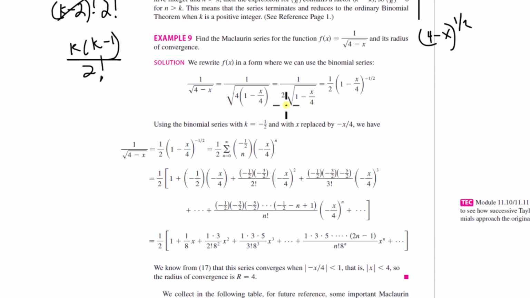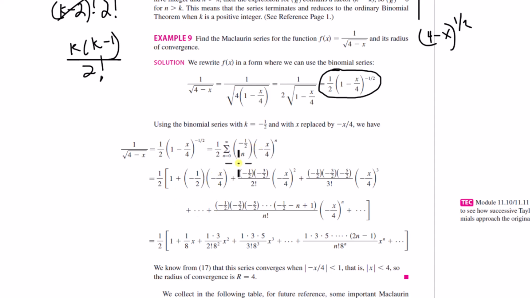We worked a bunch of examples like this, and you can eventually get to this form. So you can use the binomial series with k equal to -1/2 and replacing the x by minus x over 4. And so they take out the 1/2 factor. There's -1/2, there's minus x over 4.